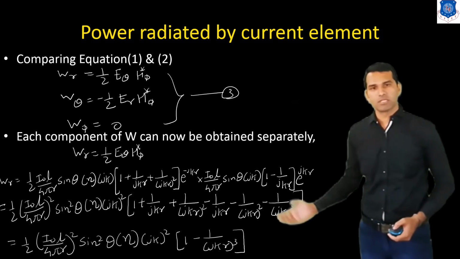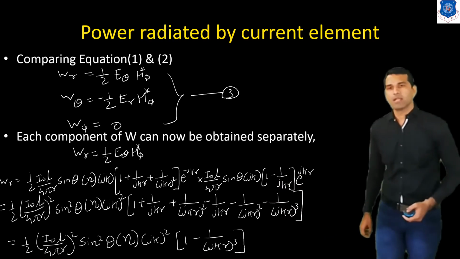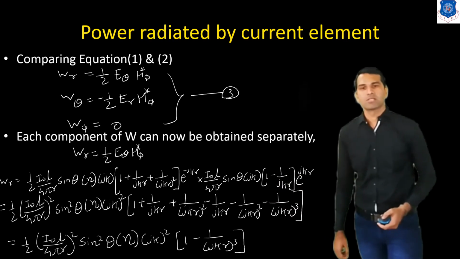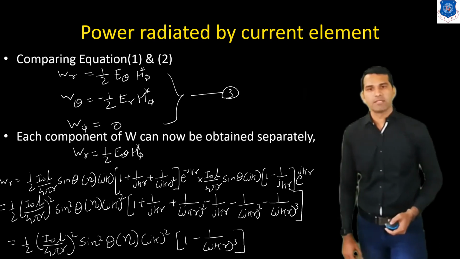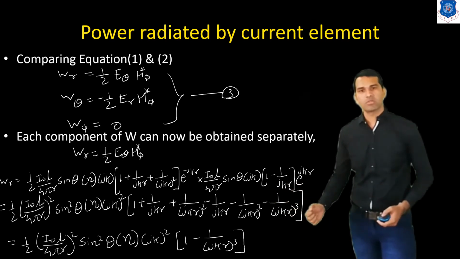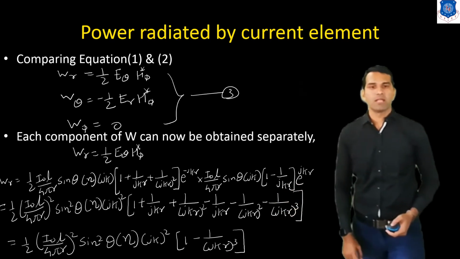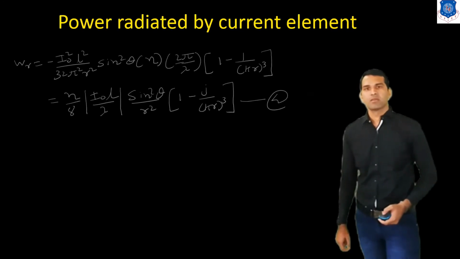Now we solve this further. So we get 1 by 2 I0L upon 4 pi r square sin square theta, theta is the same, and jk square. When we solve this square bracket portion, we get 1 minus 1 upon jkr cube.